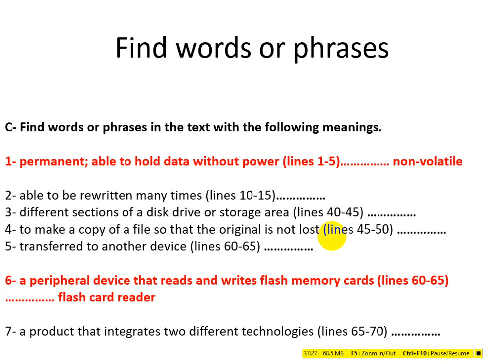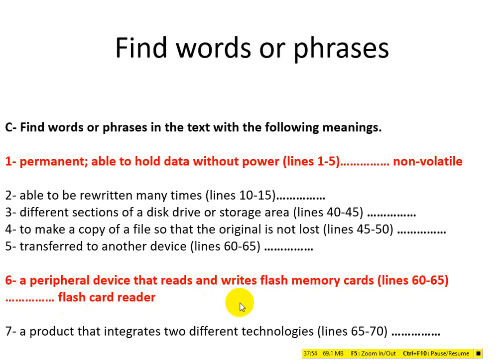Okay, so what are the other devices? Peripherals. Okay, peripheral devices, any external device that is attached to the computer. The mouse is a peripheral, the display is a peripheral, speakers are peripherals, the printer. Peripherals that read and write flash memories, USB for instance.